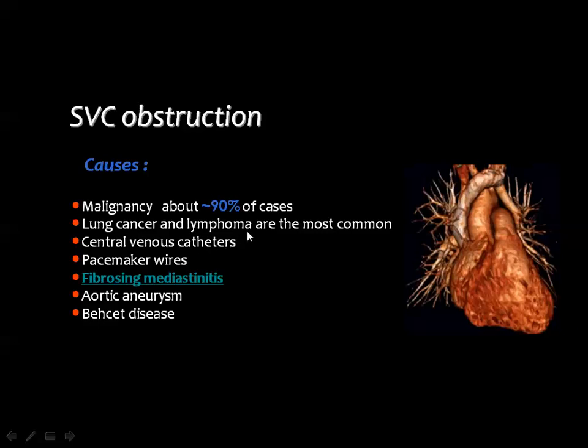lymphoma. Also, recently, the central venous catheters are one of the well-known causes of superior vena cava obstruction. The placement of wires and this disease also, which is known as fibrosing mediastinitis, also Behçet disease. Behçet is one of the diseases that cause vena cava obstructions as well as pulmonary aneurysms.